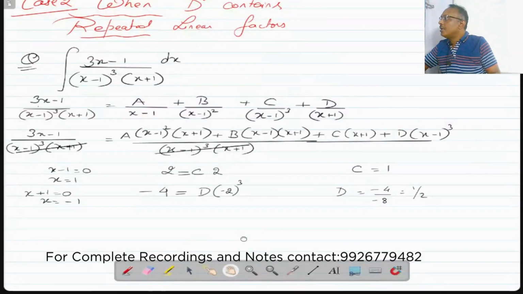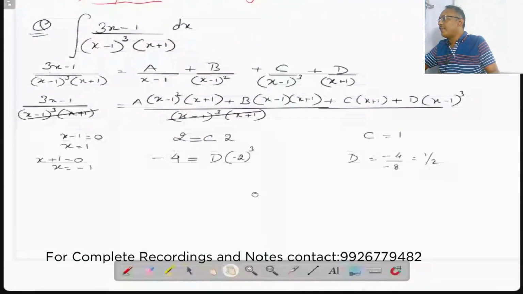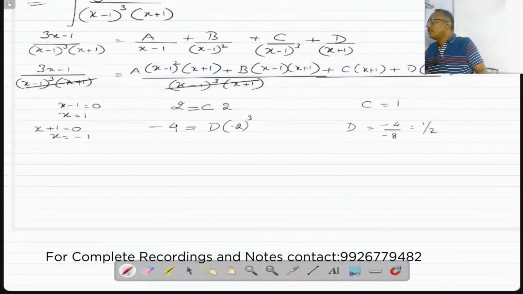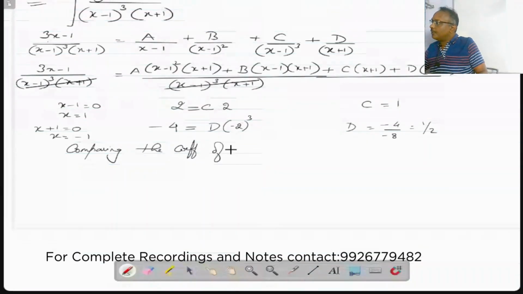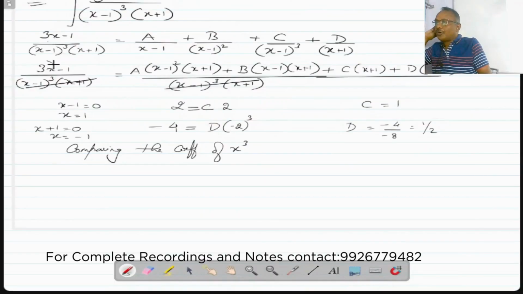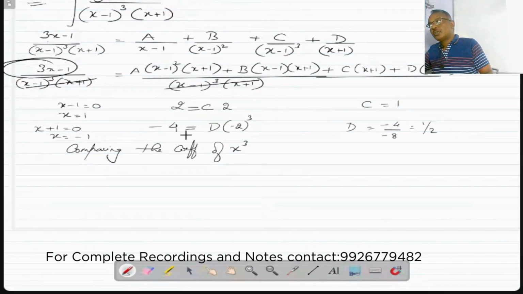I'll write down comparing the power of x cube. Comparing the coefficient of x cube. Here x cube का coefficient क्या है? 0.